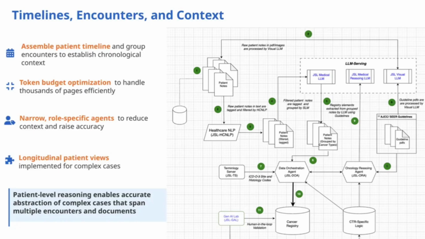In this diagram, I showed the overall flow; it is a bit more complex than this, but I tried to visualize the story. We have document ingestion, then timeline assembly, then auto abstraction agents, and then human validation. At the end of the day, users just see review needed and the fields extracted for this patient, for this report, etc.